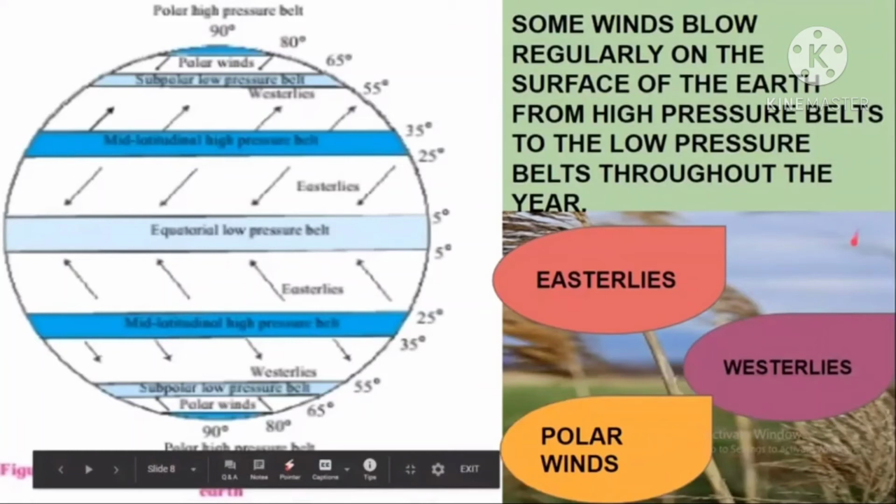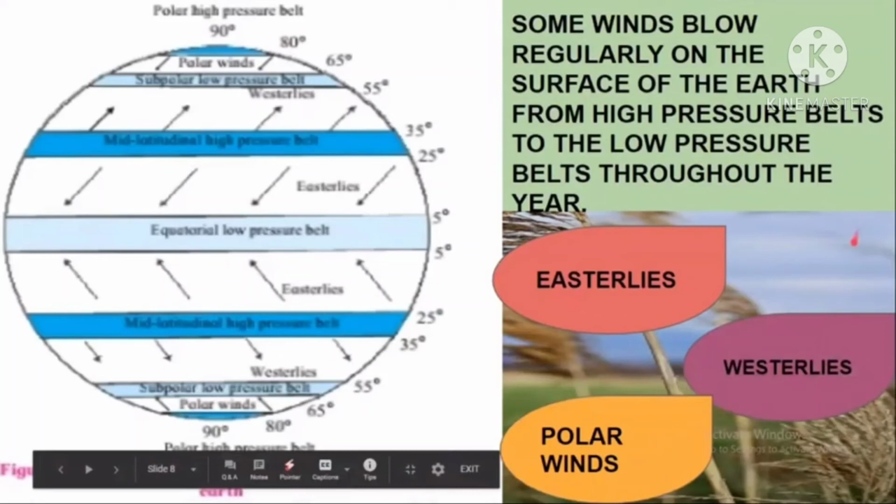The answer is easterlies. What is the direction of the westerlies in the southern hemisphere? The direction of the westerlies in the southern hemisphere is north west to south east.